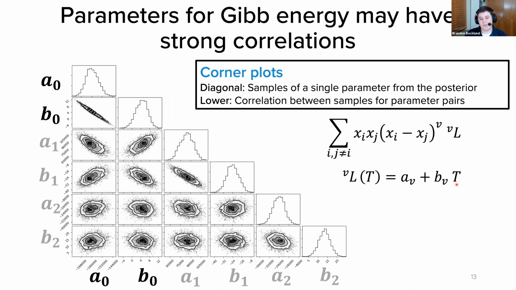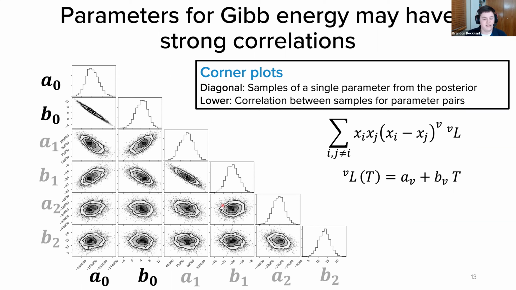And so if we just have a point energy, you can imagine in your mind that there's an infinite number of A plus BT coefficients that can give you the exact same energy. And so we would expect to see lots of correlations between different parameters, so parameter A and a parameter B in CALPHAD.